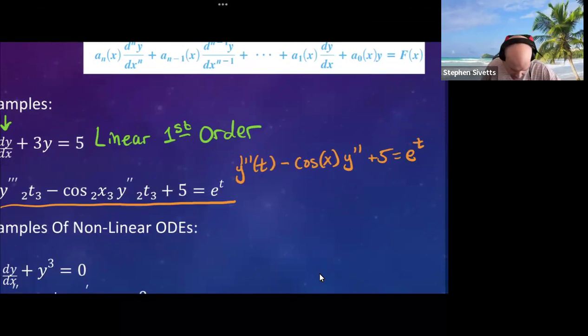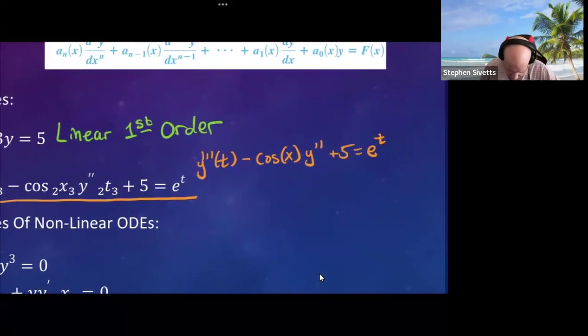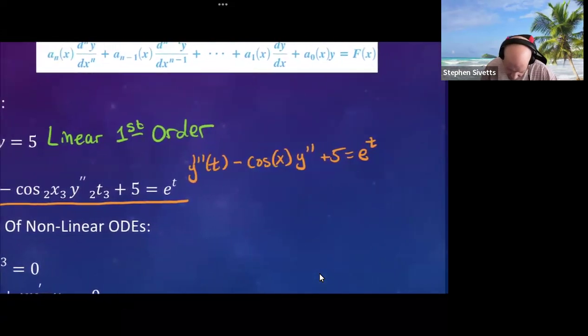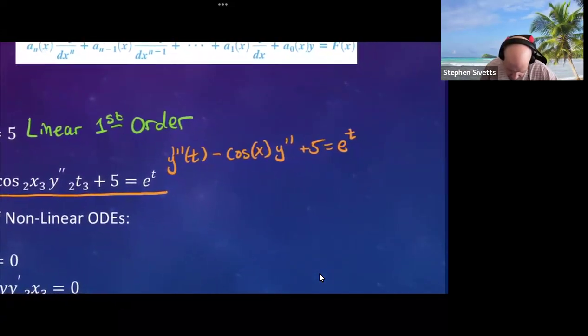It's supposed to be that function. So in this example here, this would be a linear third order equation.